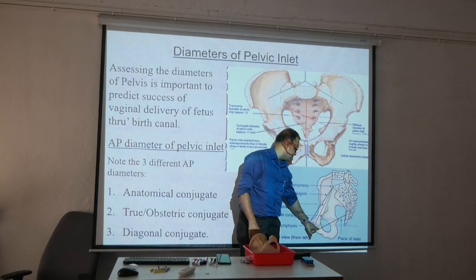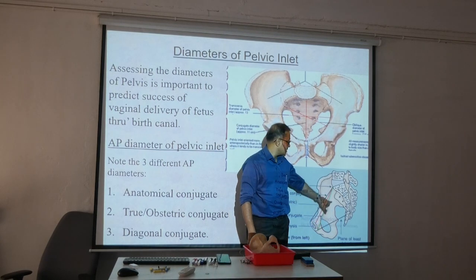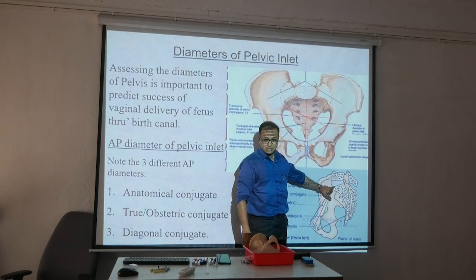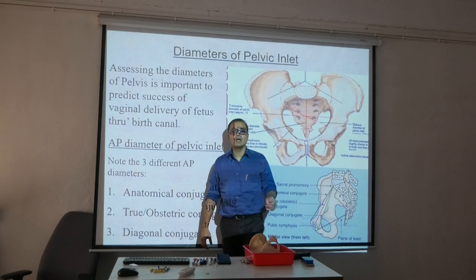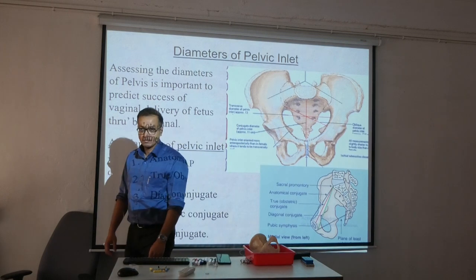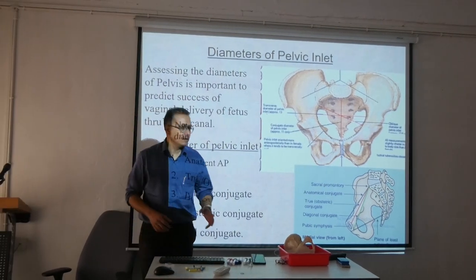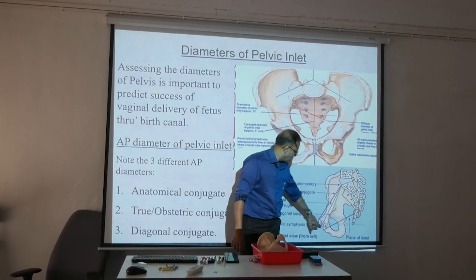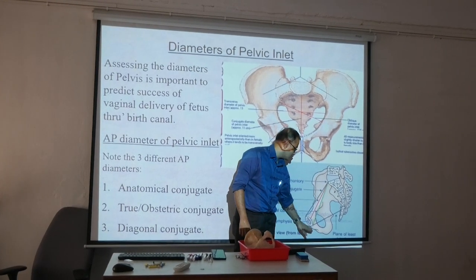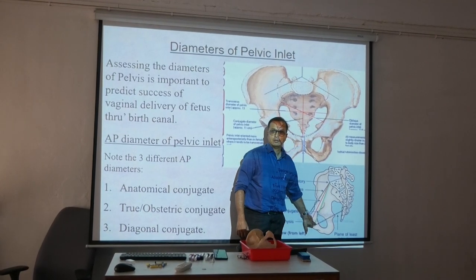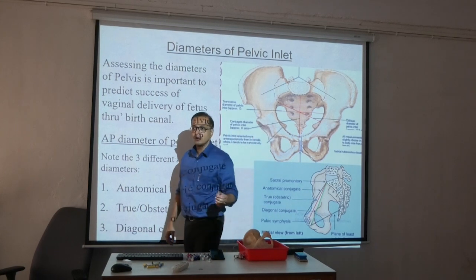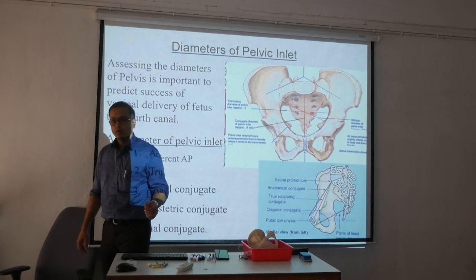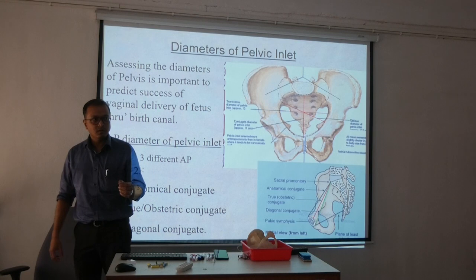So if you get this green line by doing the clinical examination, we subtract 1.25 centimeter from that line. If the measurement of this green line through digital examination is 12, we subtract 1.25 to 1.5 centimeter from that line.